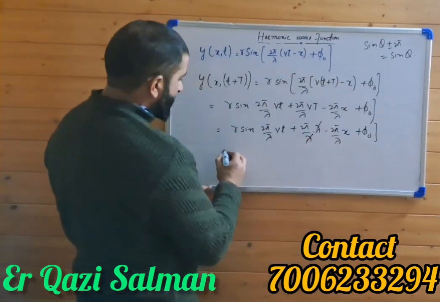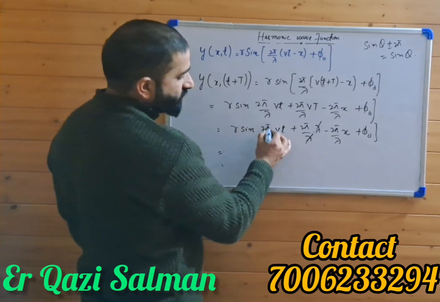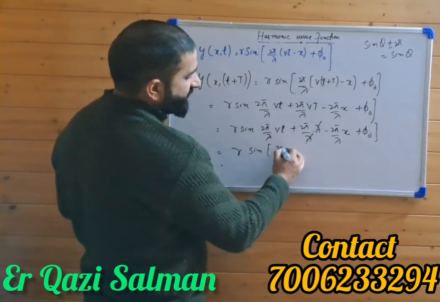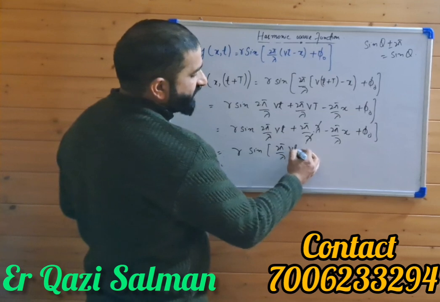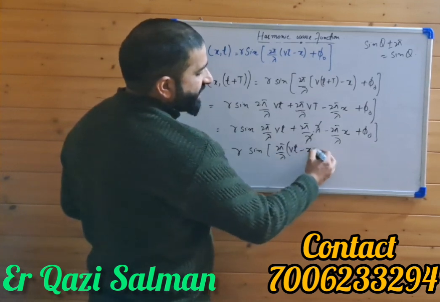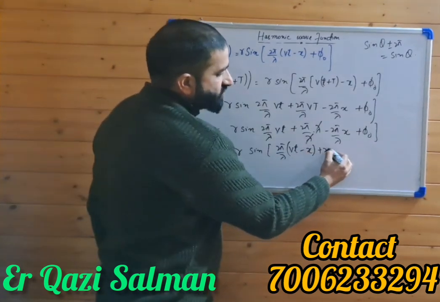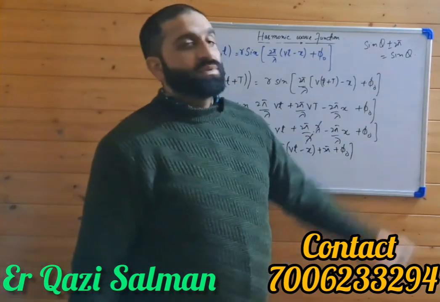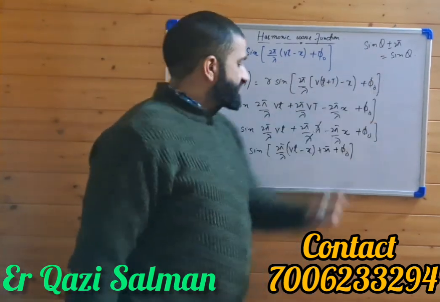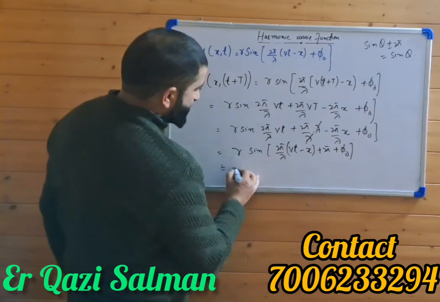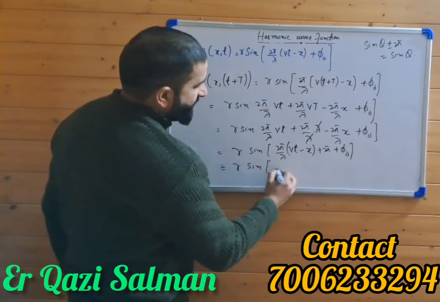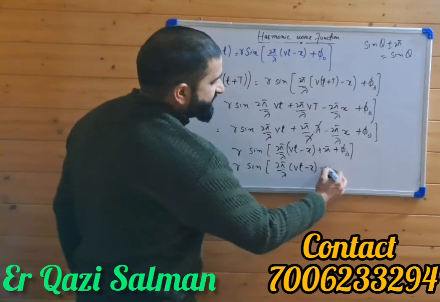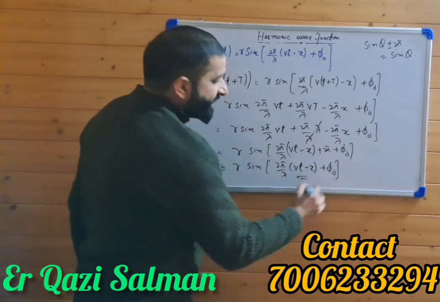Here lambda and lambda cut out, taking 2 pi by lambda common, so it is equal to r sine of 2 pi by lambda into vt minus x plus 2 pi plus phi 0. As already shown, sine of theta plus minus 2 pi is equal to sine of theta. So it is equal to r sine of 2 pi by lambda into vt minus x plus phi 0.